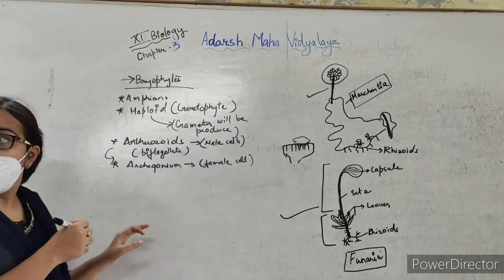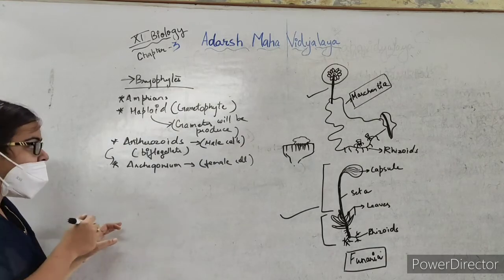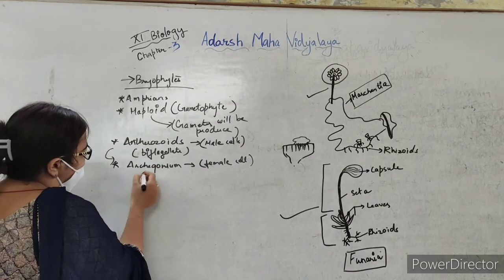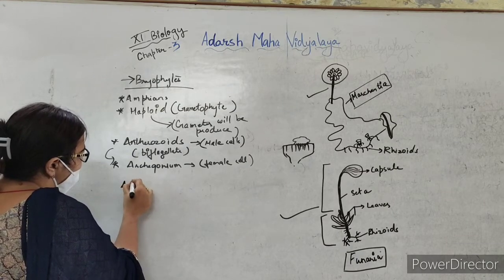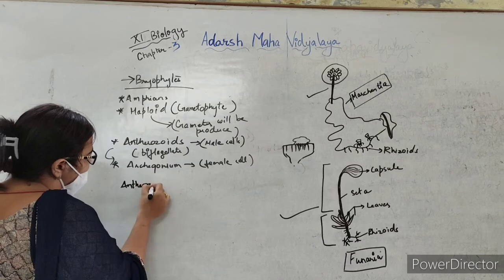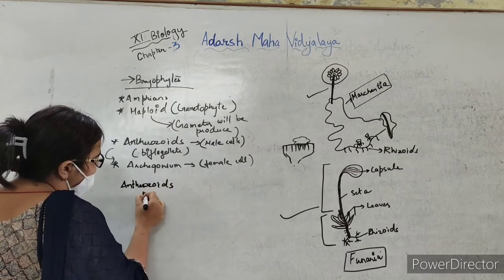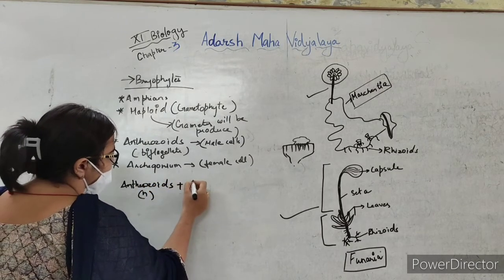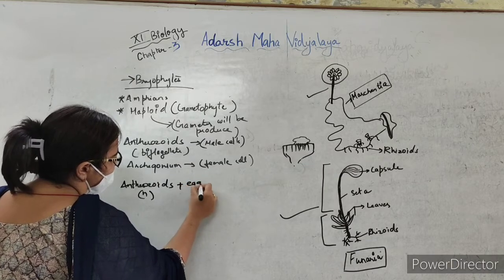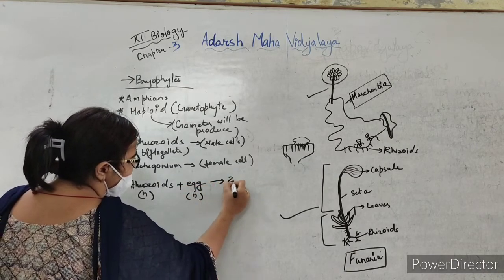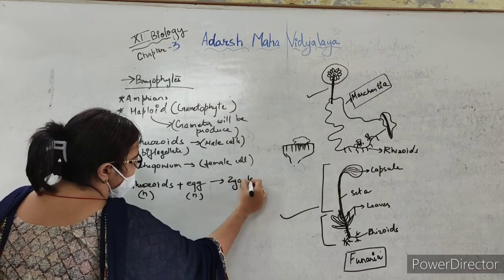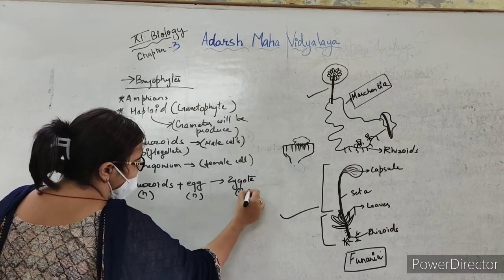Both of them are haploid: the antherozoid is haploid, plus the egg from the archegonium is haploid, and the zygote formed is diploid.